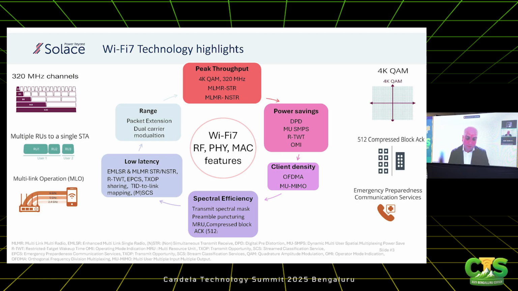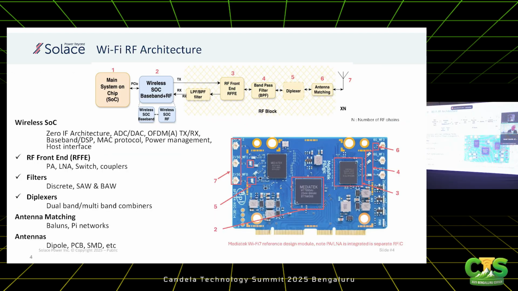If you look at a Wi-Fi system architecture, that's something you will find in a Wi-Fi CPE, like a Wi-Fi gateway. You have a main SoC which handles the Ethernet and maybe handles the fiber XGS-PON or GPON. Then you have the Wi-Fi SoC, which integrates the baseband with RF.